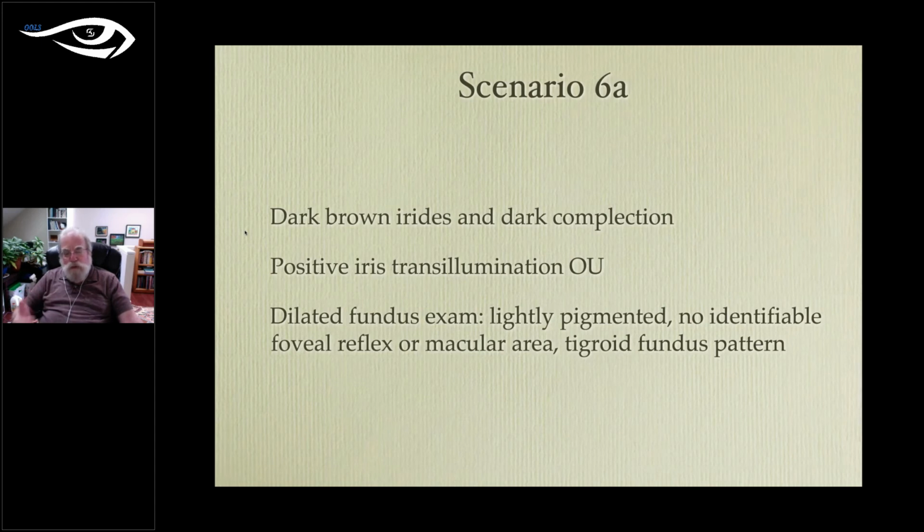The level of iris pigmentation, the level of the iris stroma is so thin that the light that is reflecting in the inside of the eye from the lamina cribrosa, from the internal limiting membrane, is basically being reflected through the iris. And it glows. It actually glows. It lights up. You can see it. The first time you see it, you kind of go, ooh and ah.